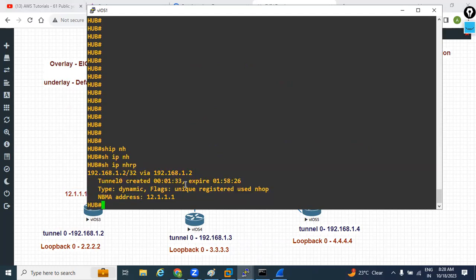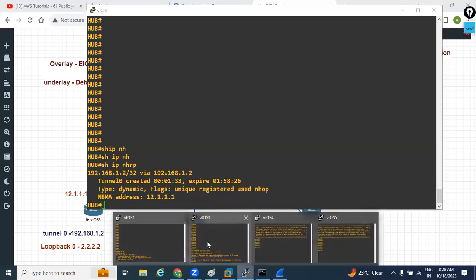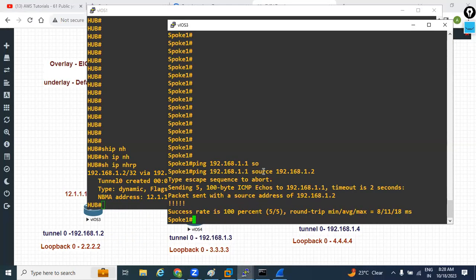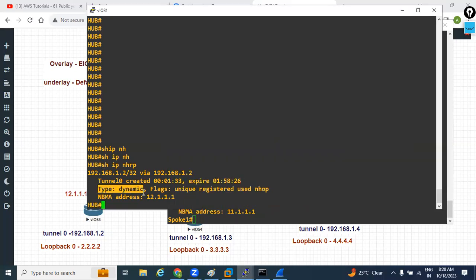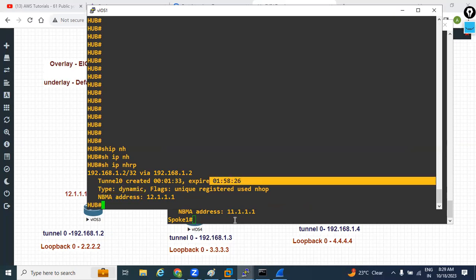But this entry is not static. On the spoke, this is never expire, because this is the static one. But on the hub, this is dynamic. And it has a timer of 2 hours. After 2 hours, this entry would be changed. Clear?